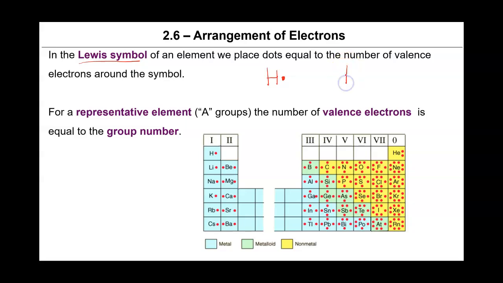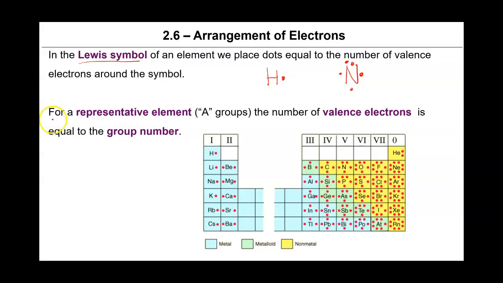So for nitrogen, it has 5 valence electrons. So what we do is we place 1 at each of the 4 compass points. And it doesn't matter where you begin. And then at one of the compass points, we double up.